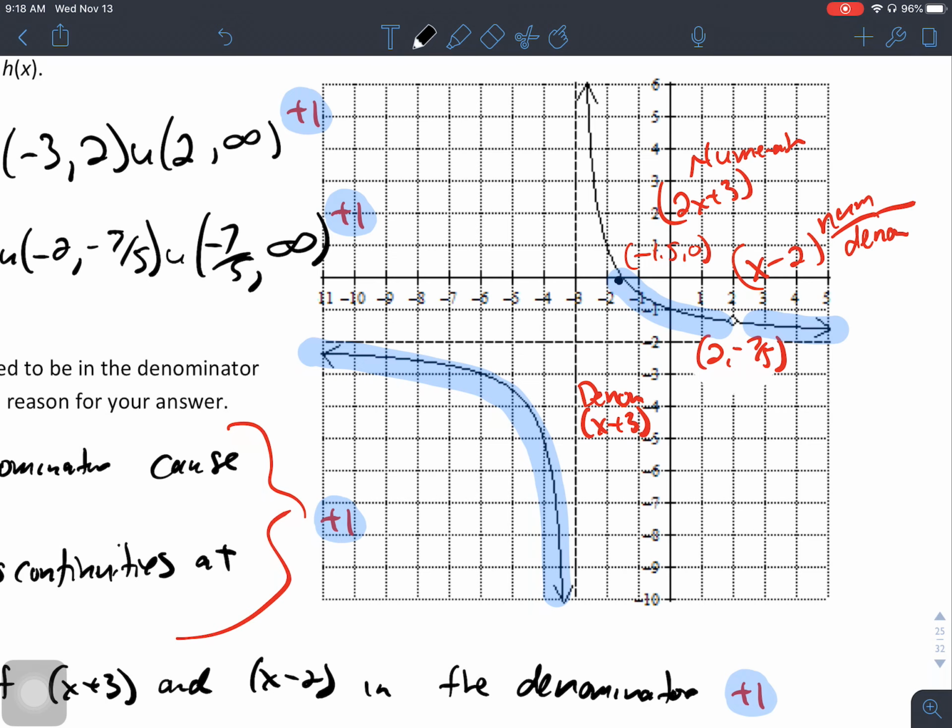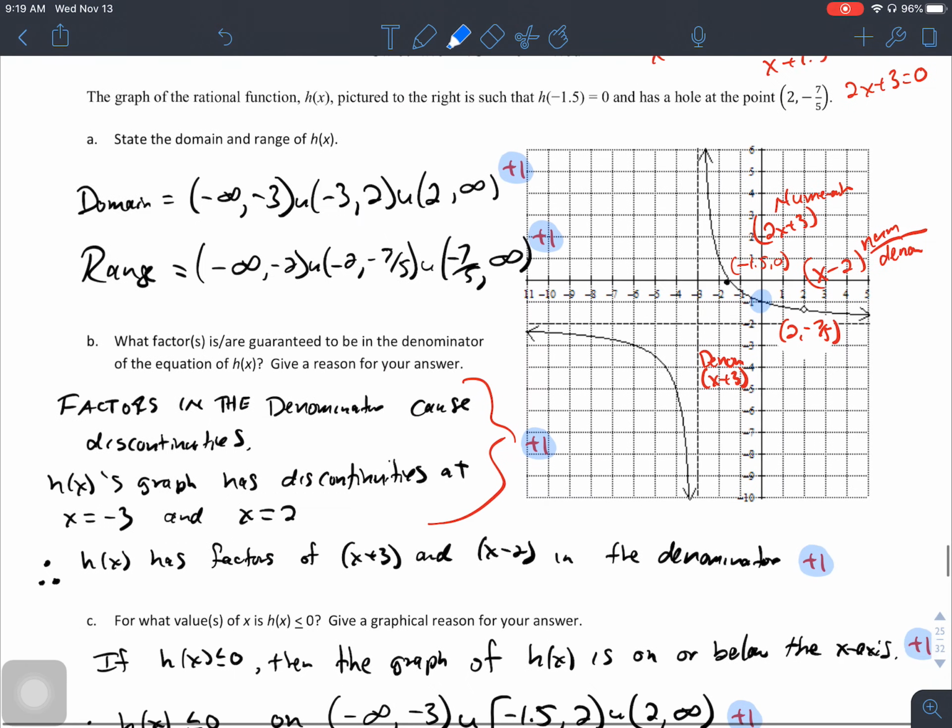Since the y-intercept is -1, that tells us that the ratio of the constants of the numerator and denominator have to be -1. There's a couple things. And let's write some of this stuff down.